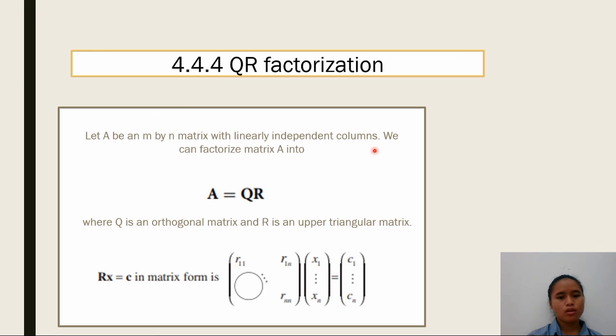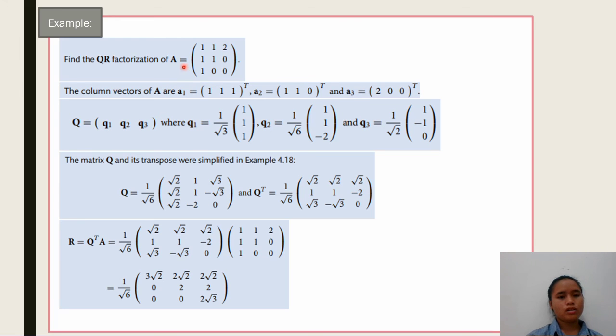We can factorize matrix A into QR, where Q is an orthogonal matrix and R is an upper triangular matrix, so Rx equals c in matrix form, like this. And we get c1 until cn. For example, we have a matrix A.